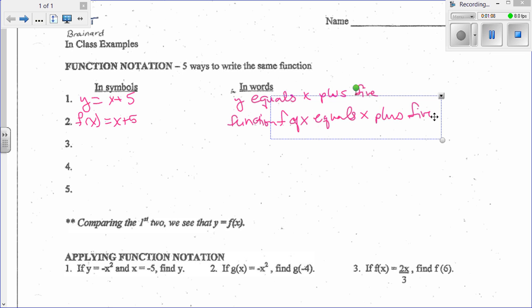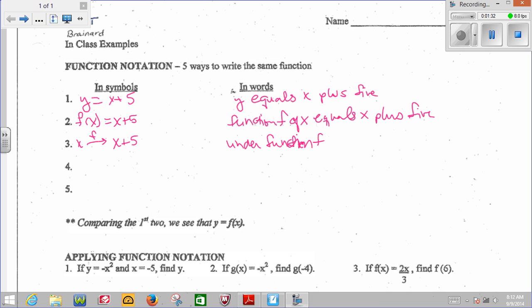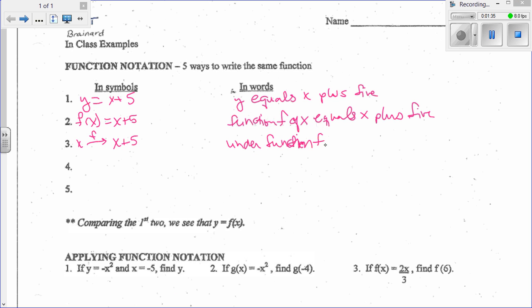Then we have this other kind of notation. It's x with an arrow, a little x over the arrow, and x plus 5. And what this means in words is under function f, x changes to x plus 5.